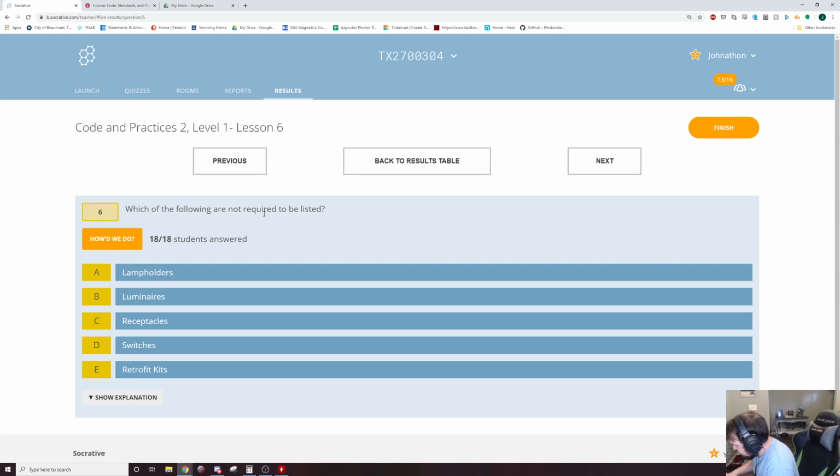That's the only thing left. Tamper, wet locations.